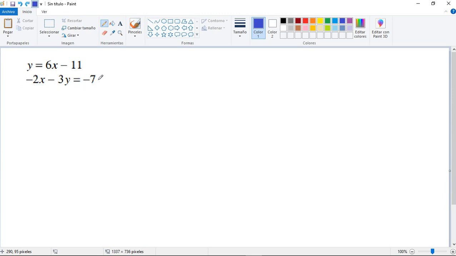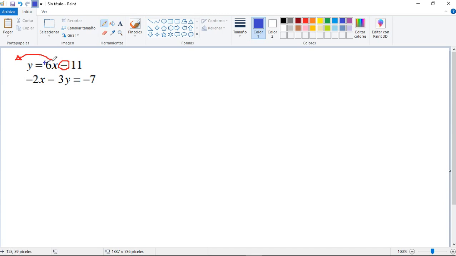So what do we need to do if this equation is not in that order? We need to start moving terms. This term, which is on the right side, has to be on the left side. So it has to go to the other side of the equation, but it is adding, and you may say, well, it says that it is subtracting. Yeah, 11 is subtracting. The term 6x is adding because it is positive.